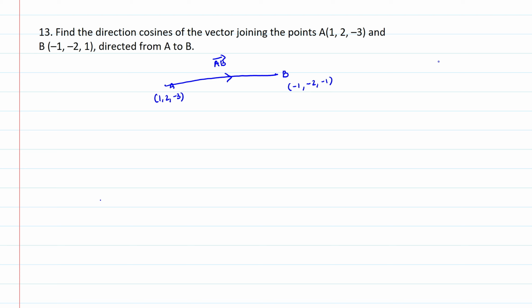The vector AB is given by B vector minus A vector.